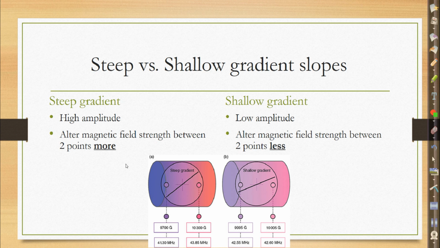So the distance between two points, if I measured this point in terms of field strength or precessional frequency, we're going to get a greater distance between this point and this point with a steeper gradient compared to this point and this point with a shallow gradient. So we get a greater range of magnetic field and precessional frequency, or a smaller range.